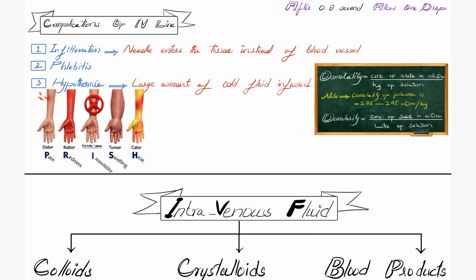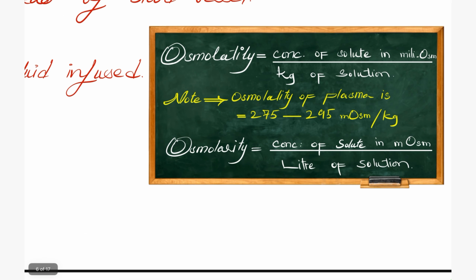There are two terms whose differences you should know, and the first one is osmolality. It is the concentration of solute in milliosmol per kilogram of solution, and when we want to define the concentration of solute in plasma, we use osmolality. The osmolality of plasma is 275 to 295 milliosmol per kilogram.